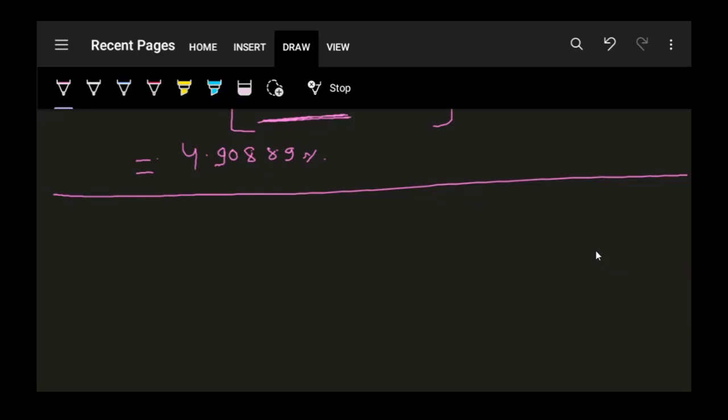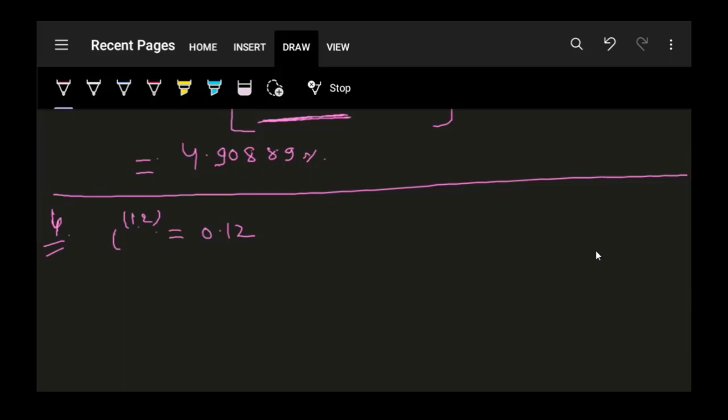So now we'll do another question. We are given a nominal interest rate of 12% per annum convertible monthly. Now we are given I12 equal to 12%. Since we are given I12, we will earn interest at the end of every 1 month.